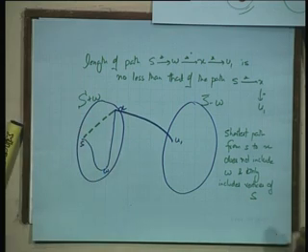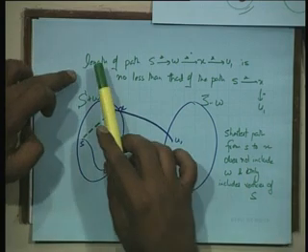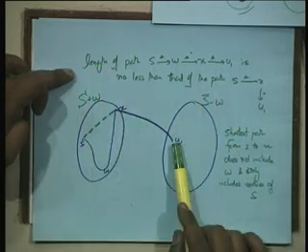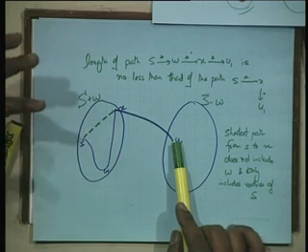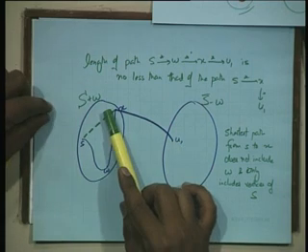Okay? Everyone follows this? So, this path which is going like this has length at least as large as the length of this.